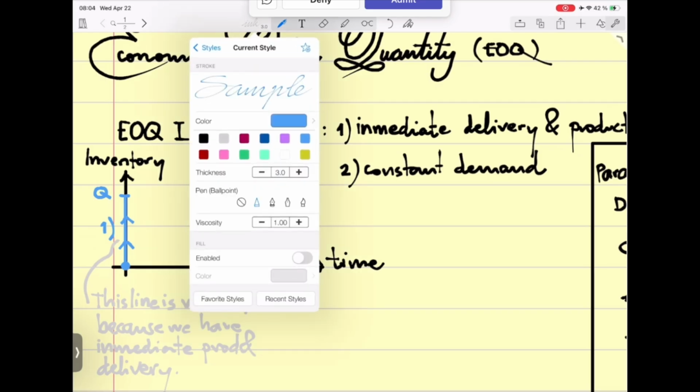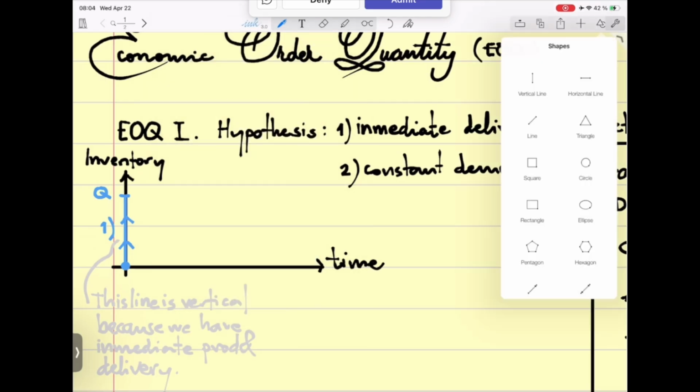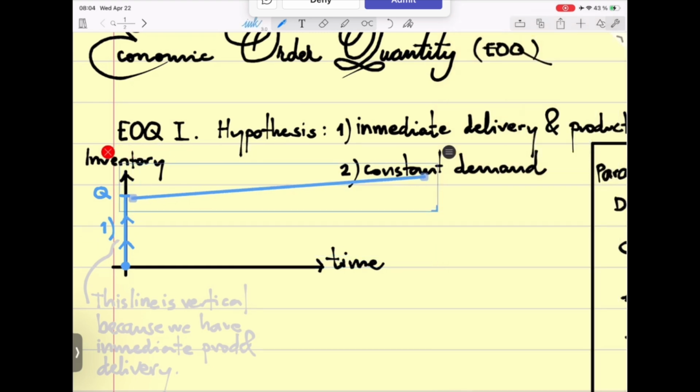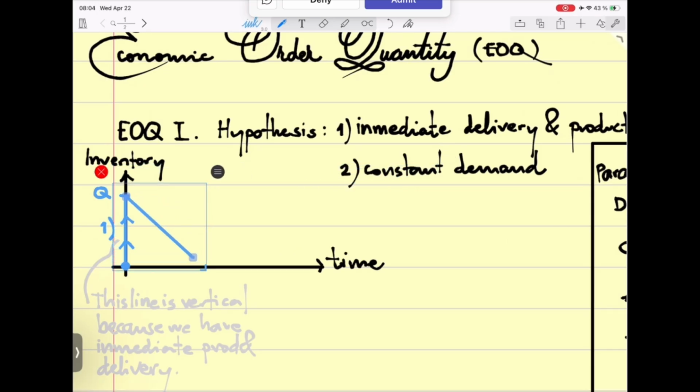So we continue, and because we have constant demand, the inventory is going to deplete in the form of a line because the demand is constant, so every time interval we take the same amount of inventory out of the stock.